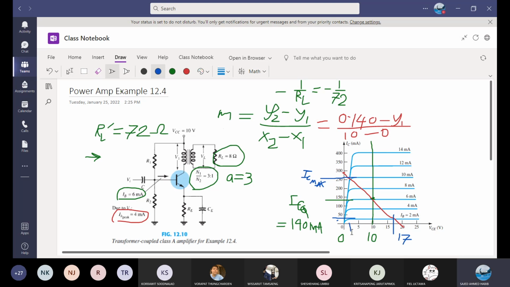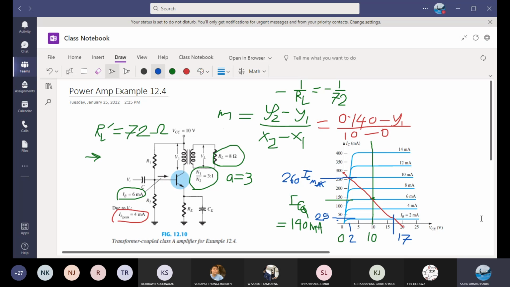To me, from this graph, it looks like around 2 volt or just over 2 volt, or 1.8, 1.9. IC max, let's call it 260. And the minimum IC is, obviously, half of 50, it's 25 milliamp.